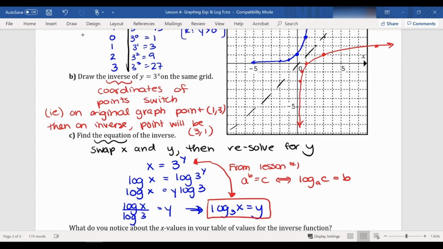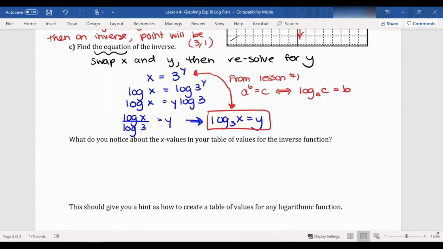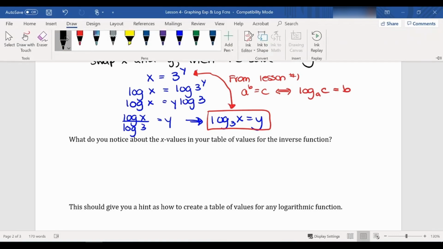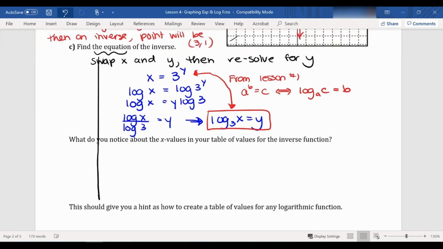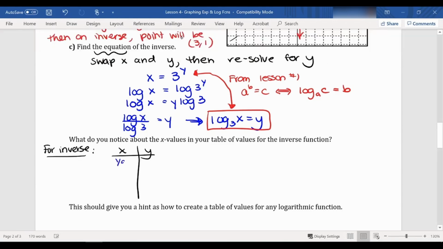So for our inverse graph, our x values in our table of values for the inverse function. If I made a table of values for my inverse function, we know our x and our y values swapped. So our y values that we used were 1/9, 1/3, 1, 3, and 9.